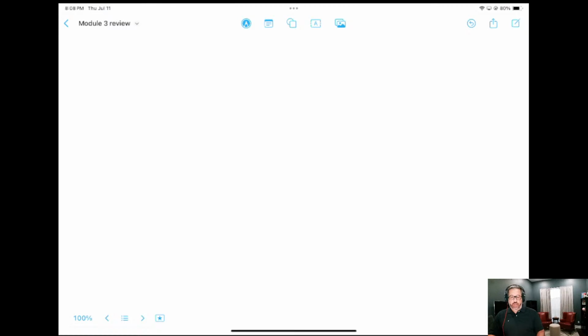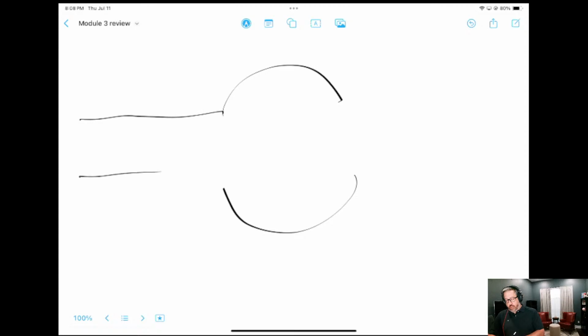I won't leave it ambiguous at all. So we have our Bowman's capsule. Here is our afferent, doing just fine, but we're causing some extreme constriction on the efferent side.